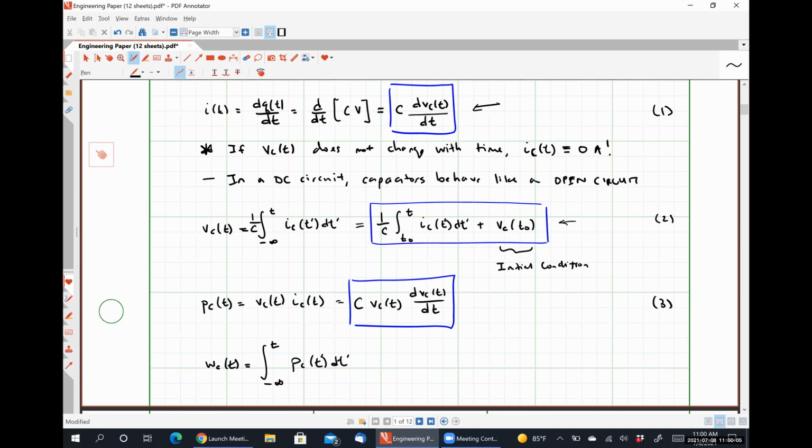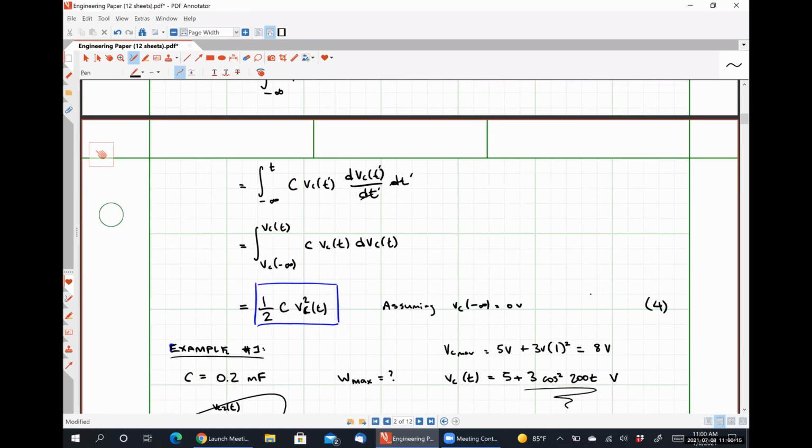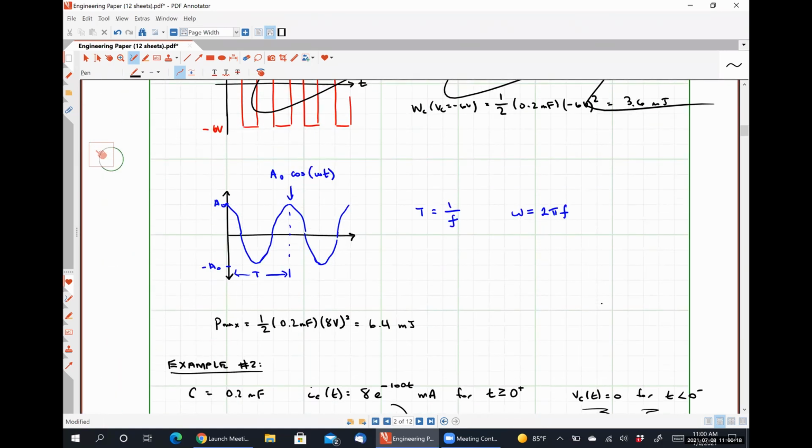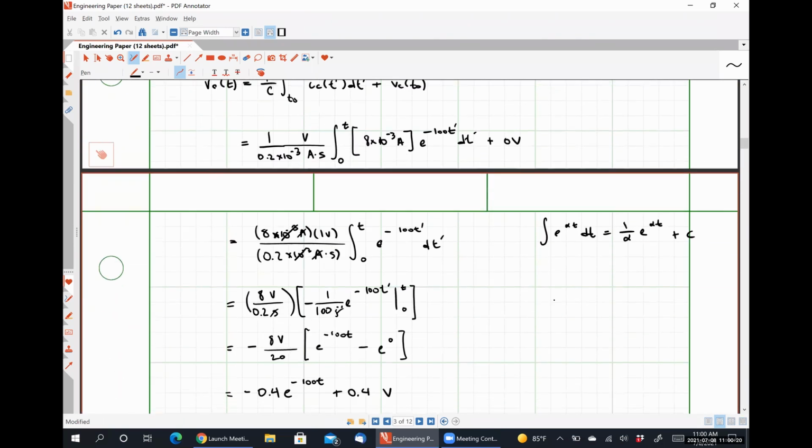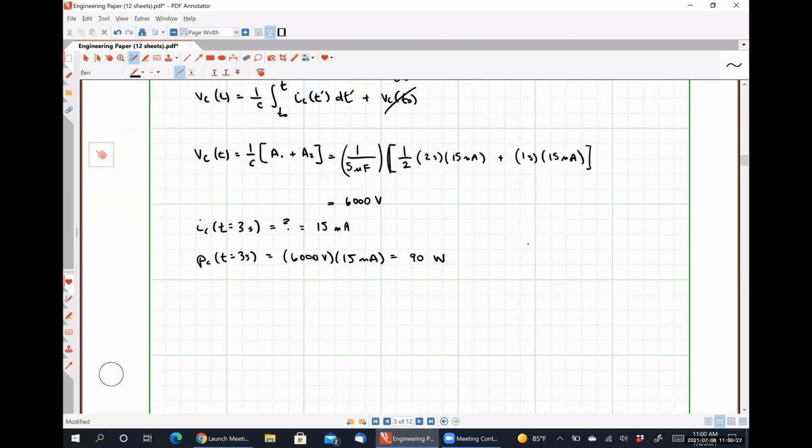We use that guy to develop the equation for the voltage in terms of the current. From there, we went to power. From there, we went to energy. The only other relationship that we have to worry about here specifically is actually dealing with that first equation again.